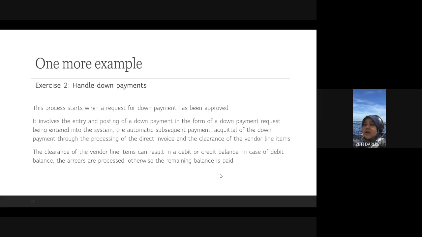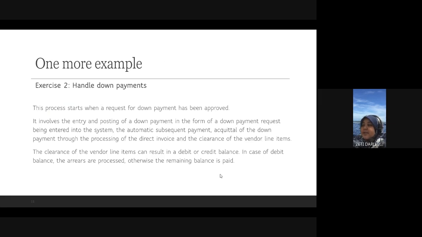So you start highlighting lah mana-mana yang you dah start identify that three structure tu kan. The activity, the role and the constraint. So this process starts when a request for down payment has been approved. It involves the entry and posting of a down payment in the form of down payment request being entered into the system.